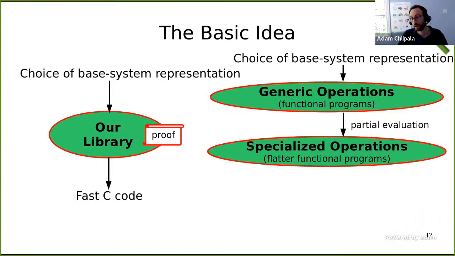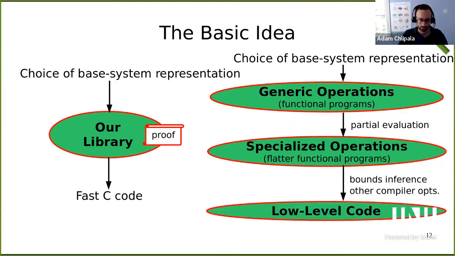We use partial evaluation to specialize them to the base systems. Now we get much flatter functional programs. Then we can use compiler techniques that are broadly similar to CompCert, for instance, that will produce the actual low-level code. And all these different stages have their Coq proofs that compose with each other.